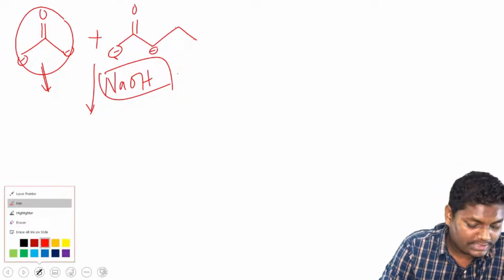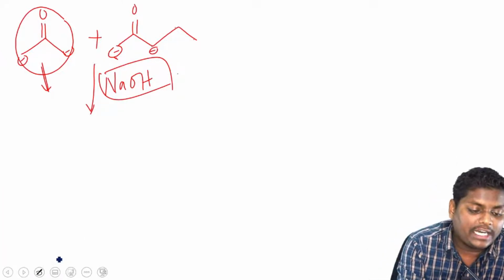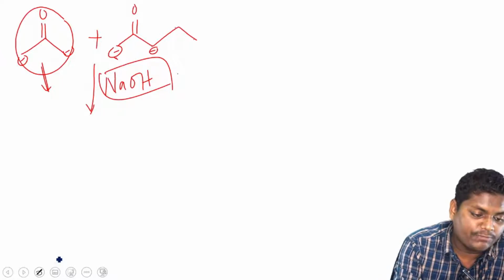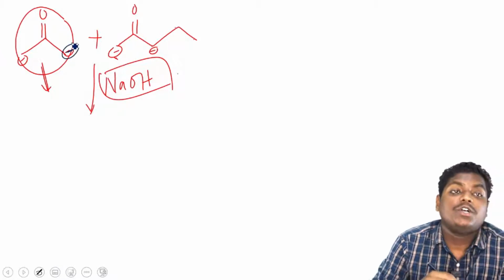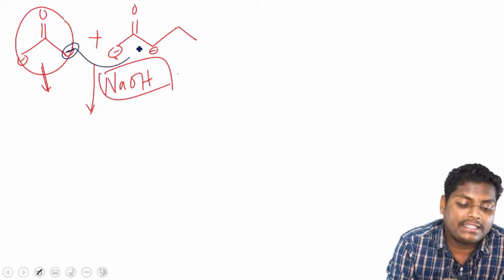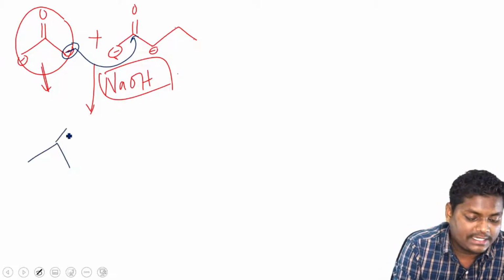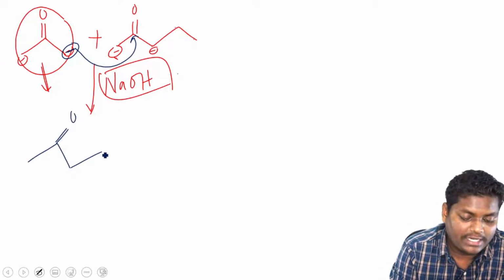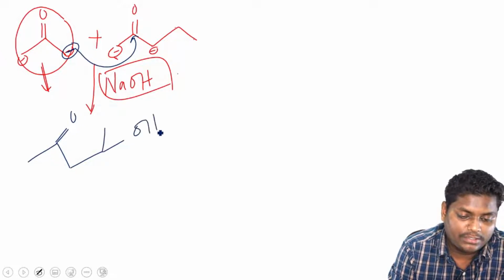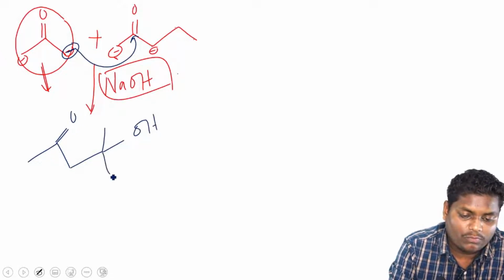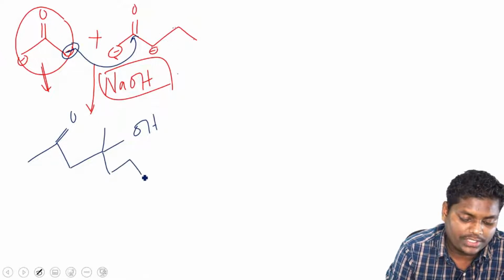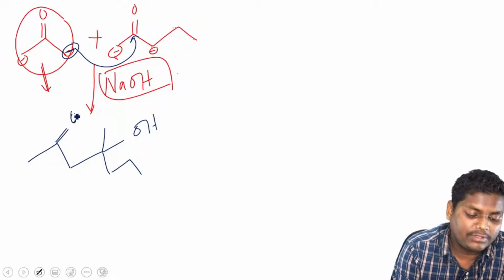Okay, just let me change the color. If the carbanion is forming here, this carbanion will attack here, and OH will be formed. So in this case, this carbanion will be attacking here, 1, 2, 3. So this is what we'll be getting.